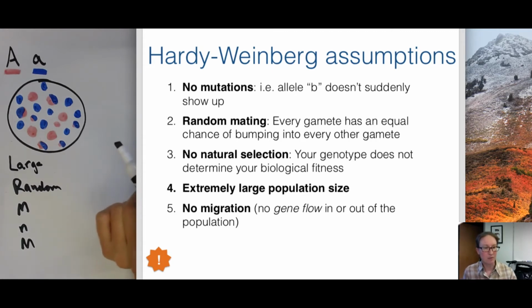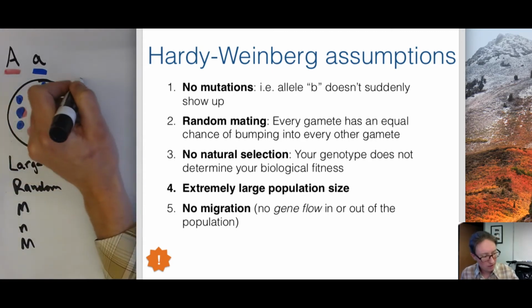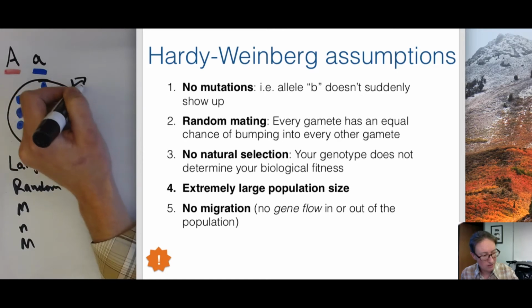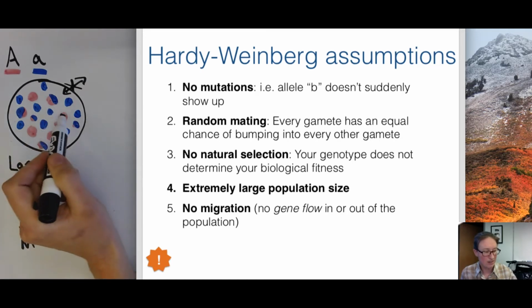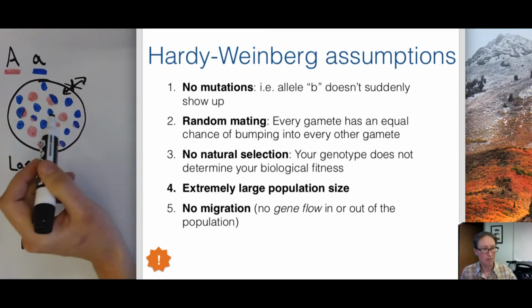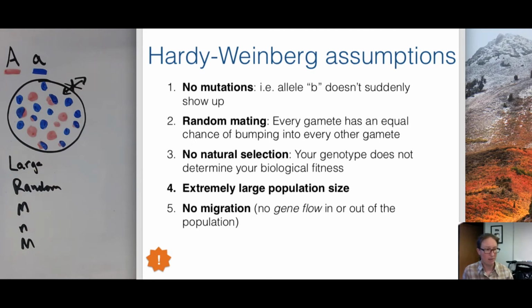And then the last assumption is that there is no migration. So that means there aren't any individuals entering this population or leaving this population. So what that means is they're not taking these alleles with them. There's no gene flow in or out of the population.